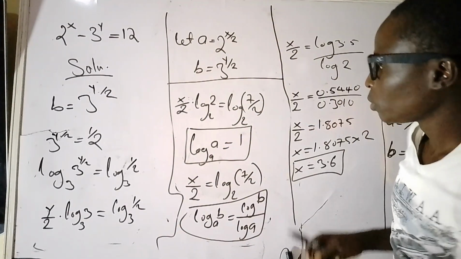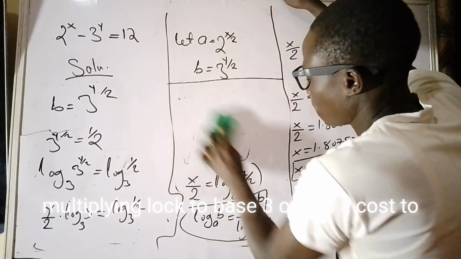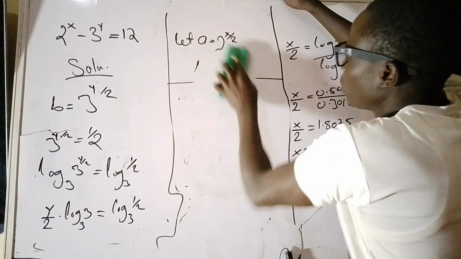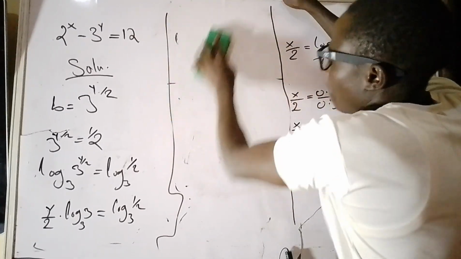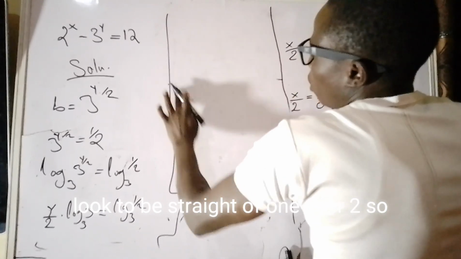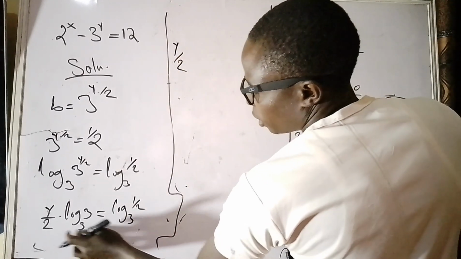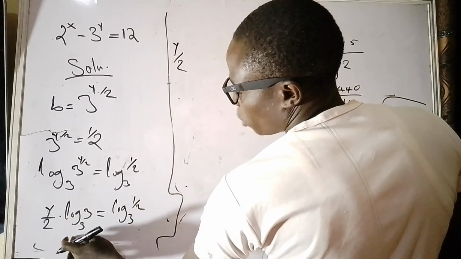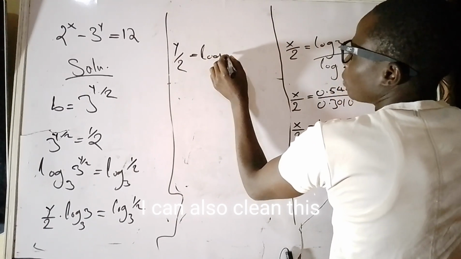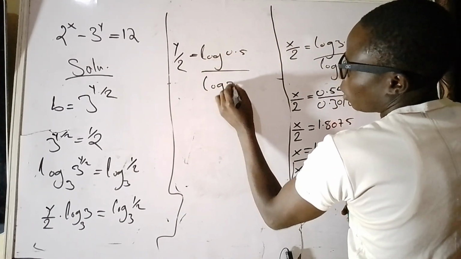So let me clean here. I can also clean this. So we can have y over 2. This is log of the same basis, so log 3 to base 3 is 1, is equals to log 0.5 all over log 3.